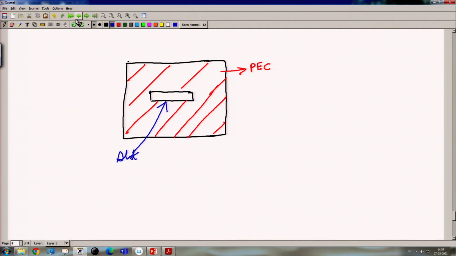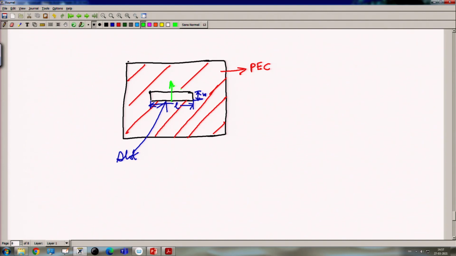For the slot, the electric field component is in this direction. This is the width of the slot and this is the length of the slot. So, the electric field is along the width of the slot.